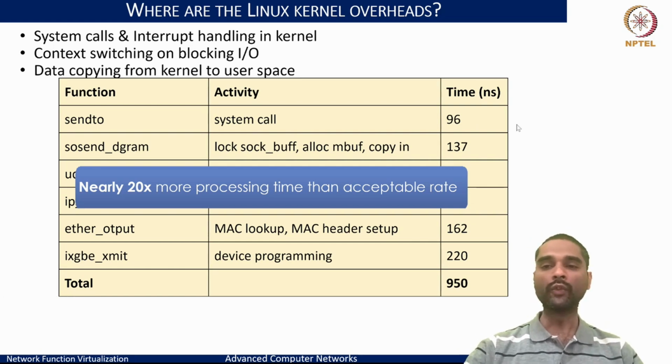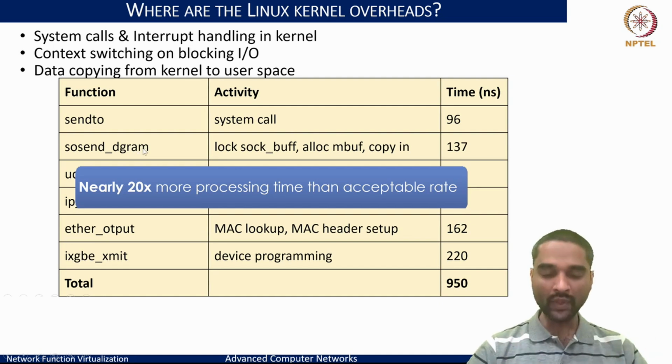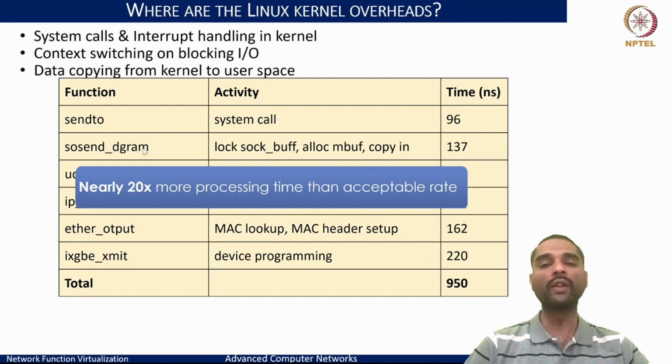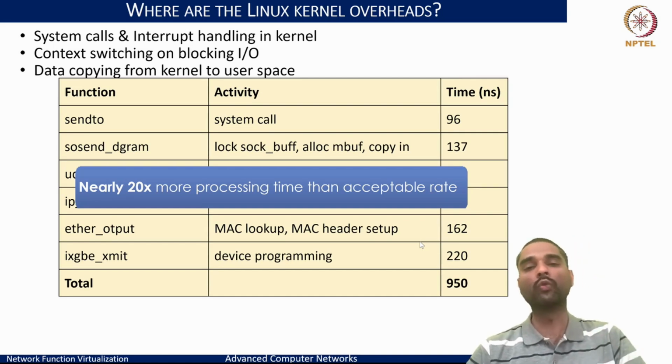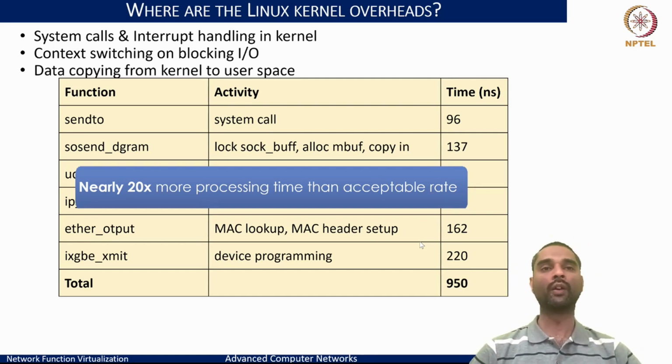The other, if we are able to see the bulk of the processing overheads are happening in these three network stacks, so if we are able to avoid the kernel, we can eliminate lots of these other overheads. This is where many of the researchers put together a consortium to look at what all options we can bring to minimize this overhead, so that we are able to keep up with 10 Gbps, but now we need to keep up with 40 or 100 Gbps links at the least.